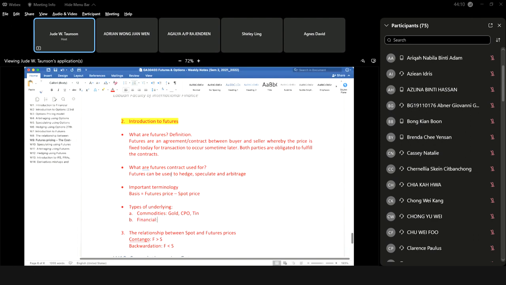We have Malaysian government securities interest rate, KLIBOR, index KLCI, and single stock futures, meaning the stocks.